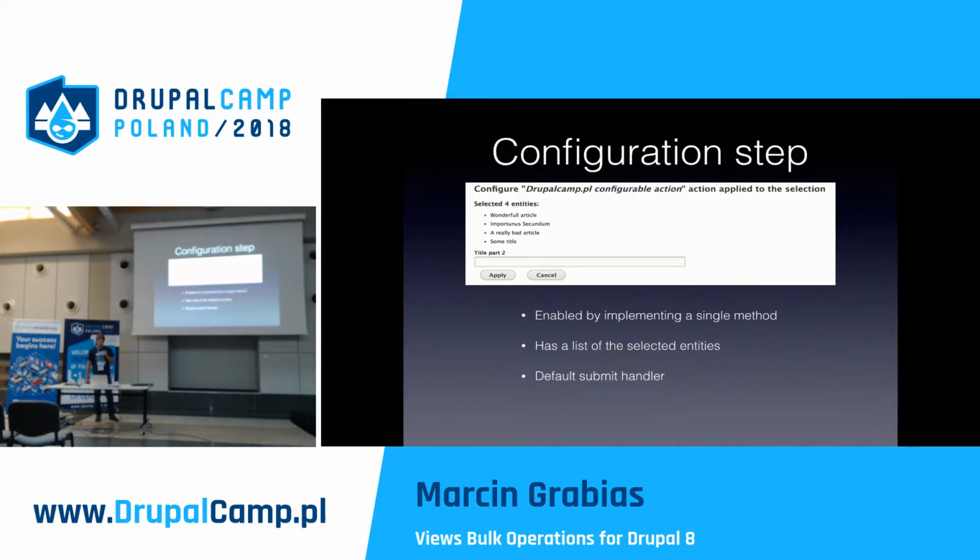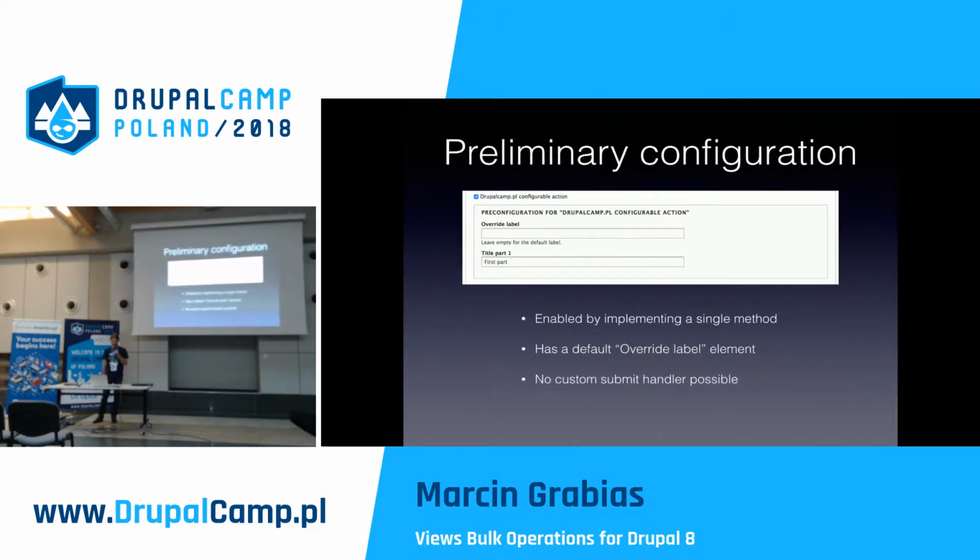The configuration step is enabled by implementing a single method in the action class. It has a list of selected entities and the default submit handler. It can be customized, of course.